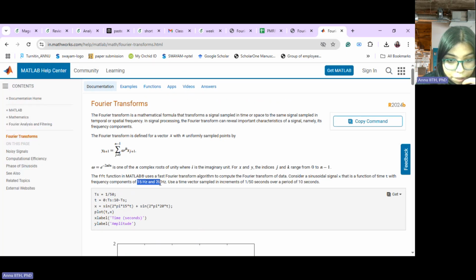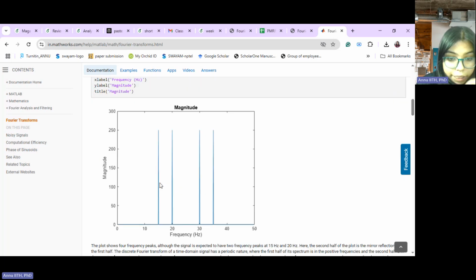So the mirror of 15 is 30, since 15 plus 15 is 30. If we divide it here, 15 and 20, it looks like a mirror. And 20 plus 15 is again 35.